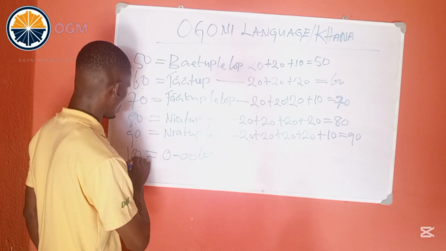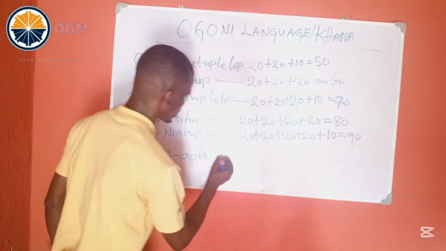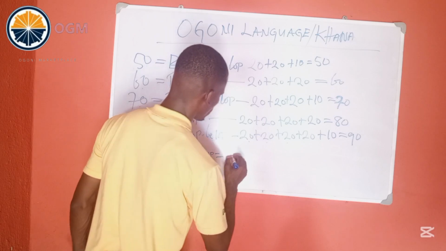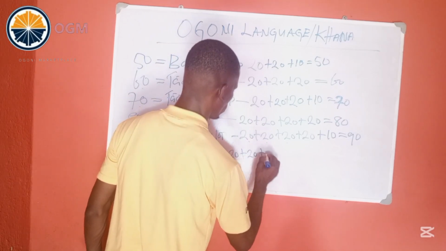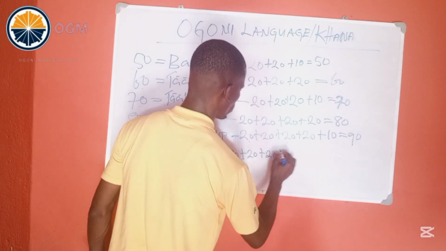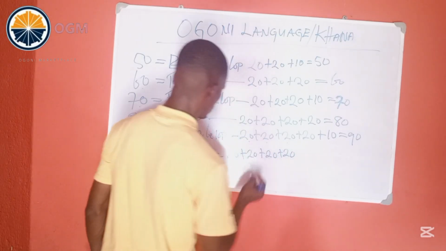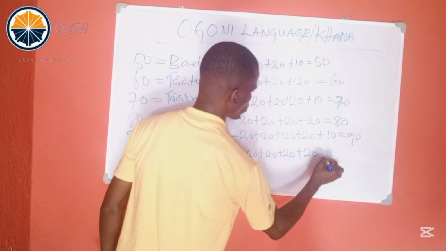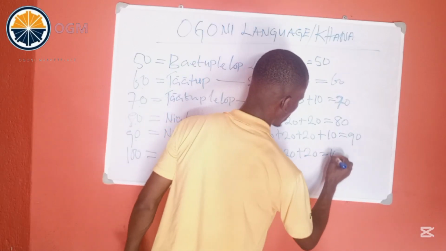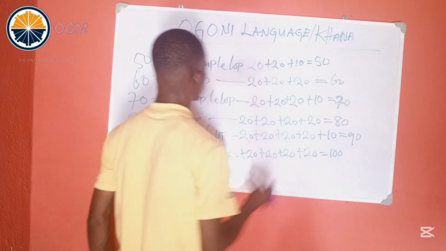So you add the 20 in 5 places: 20 plus 20 plus 20 plus 20. How many 20 is here? 1, 2, 3, 4, plus another 20 will give you 100, which is Oo2.